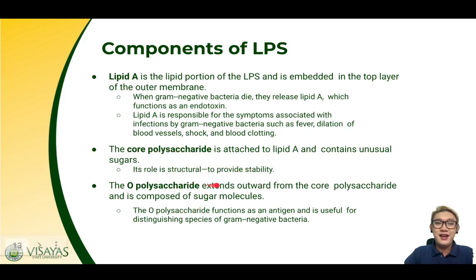Lastly, the O polysaccharide is the one that extends outward from the core polysaccharide and is composed of sugar molecules. The O polysaccharide functions as an antigen, the one that elicits an immune response in the cell, and is useful for distinguishing species of gram-negative bacteria.